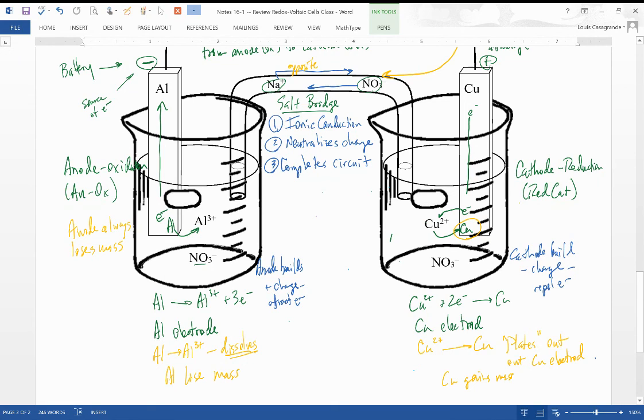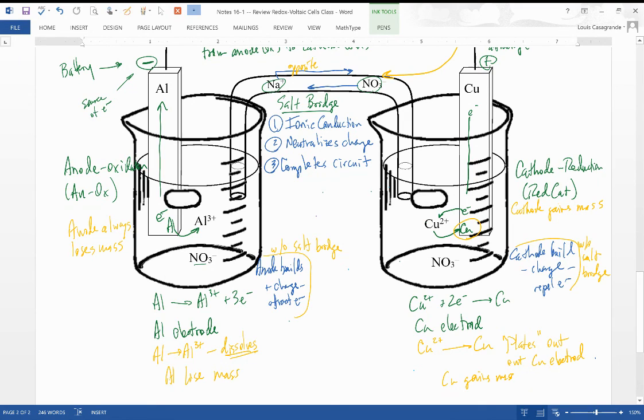All right, so the cathode gains mass. And that's basically it for the setting up of these. Let me just note on what I said here. This is without the salt bridge. So you don't think this is happening if we have the salt bridge in place. Again, this is without the salt bridge.